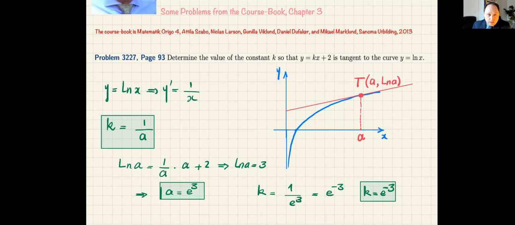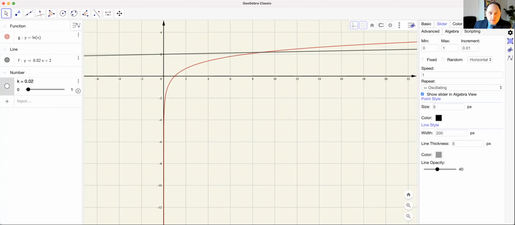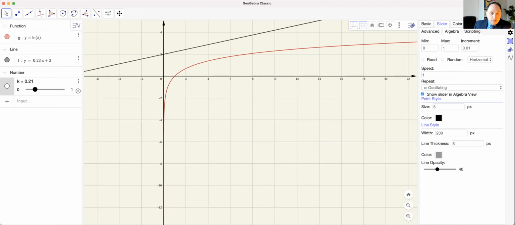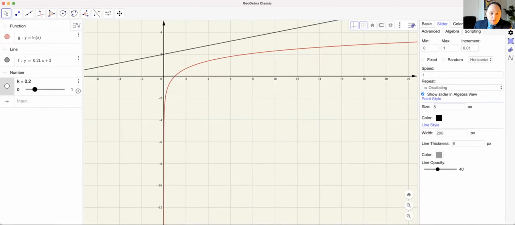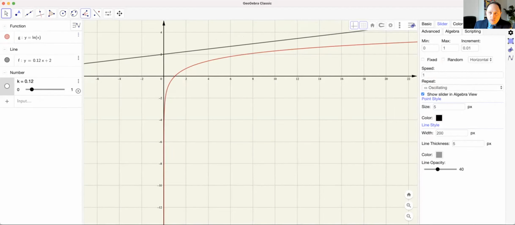If I stop sharing here now, let me see if it works. Of course, this is not a very effective one, but you see here, this is my line. If I start changing the k value, you see the line starts rotating about that O as we predicted. And this curve that you see is the graph of the ln function.